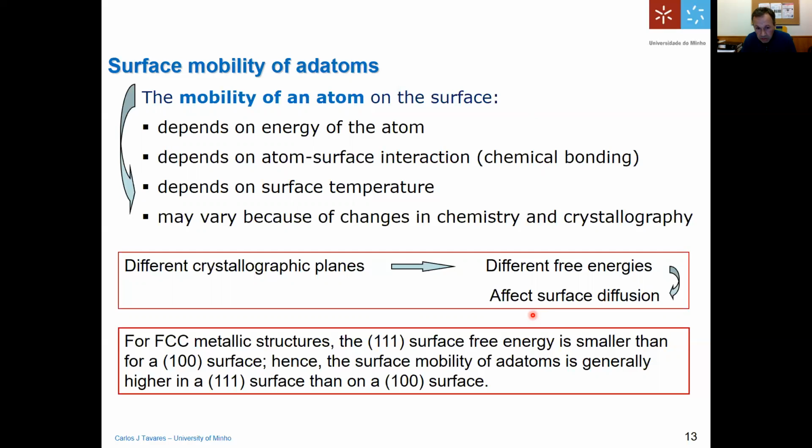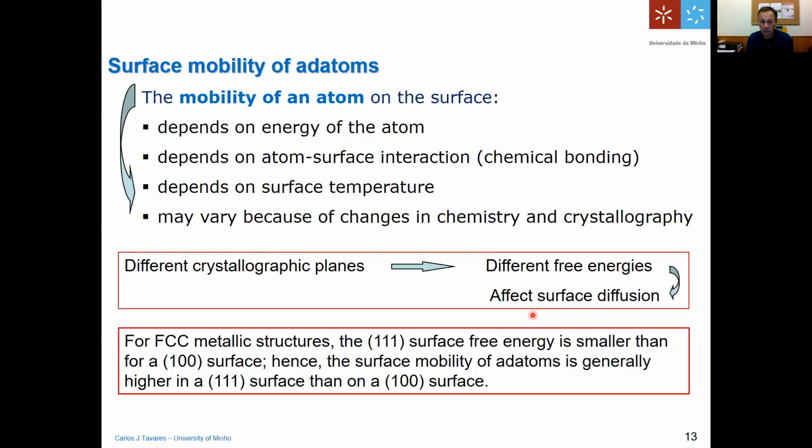The effect that results from this is that the surface mobility of these atoms is generally higher on a 111 surface than on a 100 surface. Since the free energy of the 111 is smaller, the atoms can run across it very easily. They will not be attracted or imprisoned on the surface of these crystals.